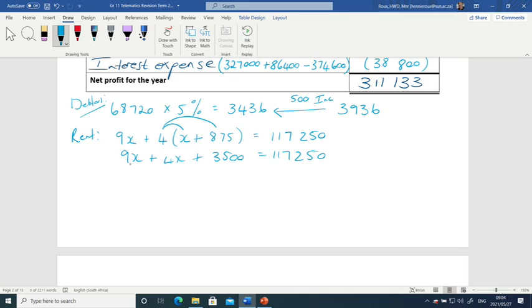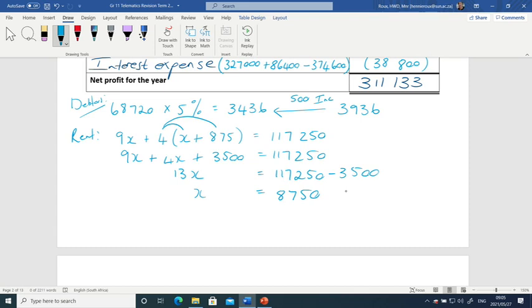You can add these two, 9 plus 4, 13x. We want to get rid of the 3,500. We take it to the other side. So we subtract, and then we can solve x, and we get x as 8,750. But that was before the increase.